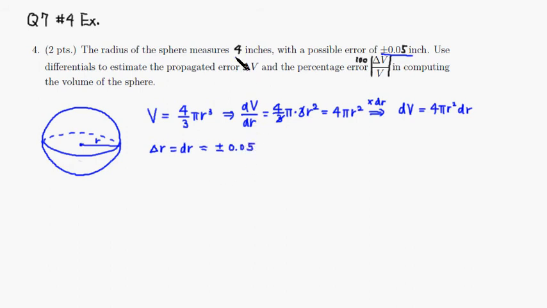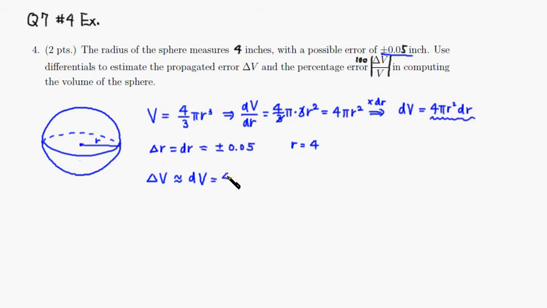Then r is measured to be 4 inches, so r equals 4 inches. So let's estimate delta V. Delta V can be approximated by dV.